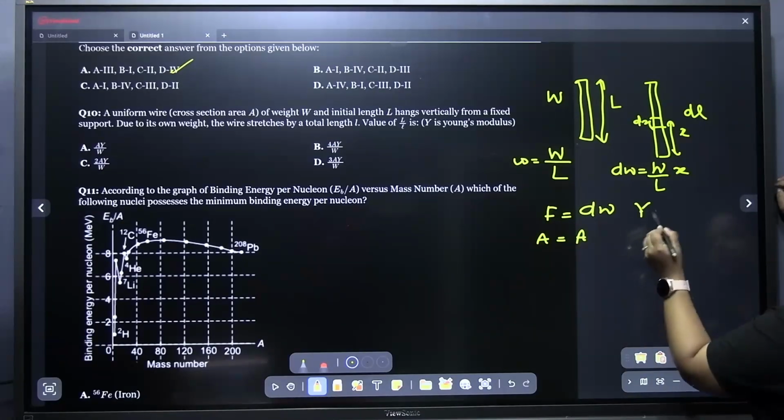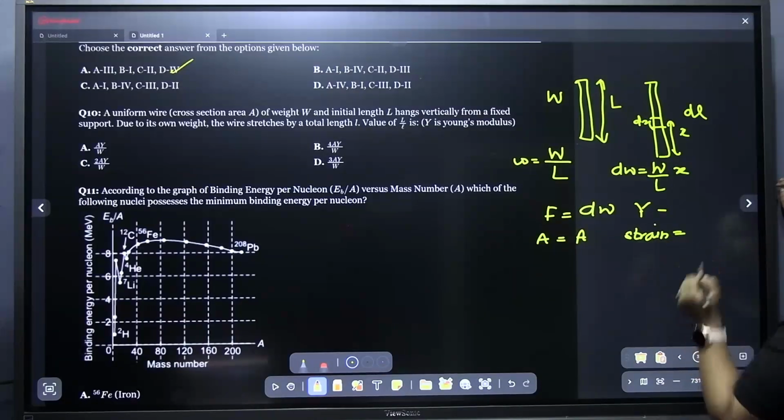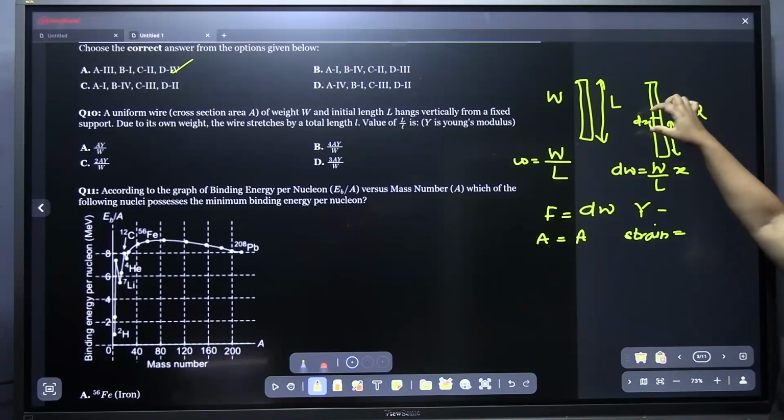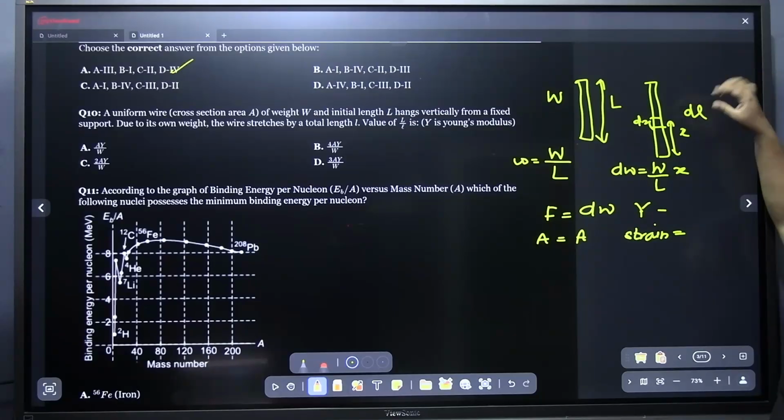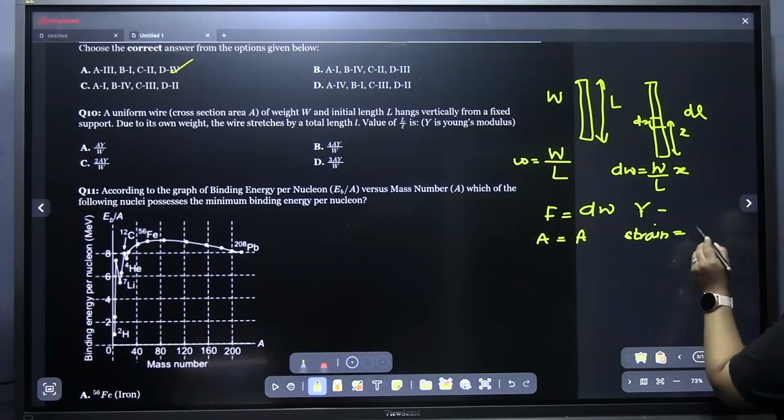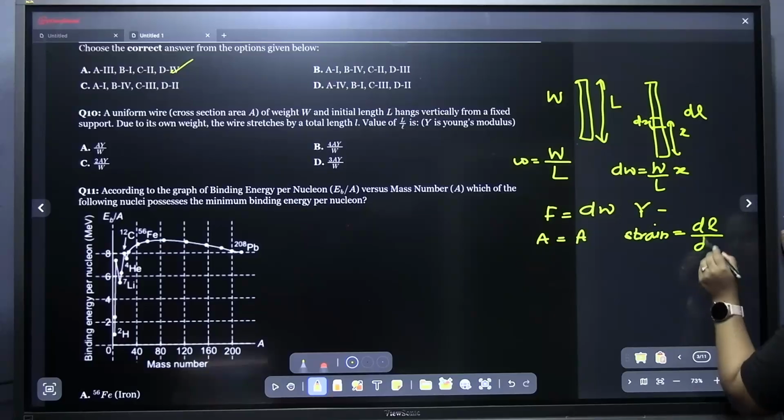Then Young's modulus is Y. Strain will be equal to, with initial length dx and extra length dl, dl by dx.